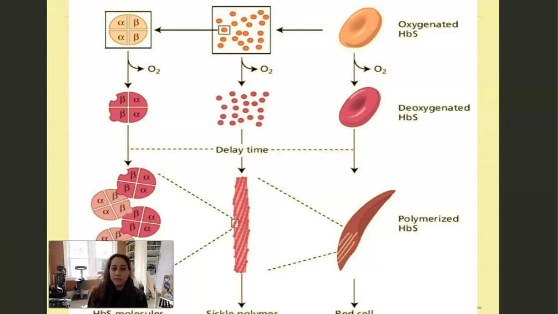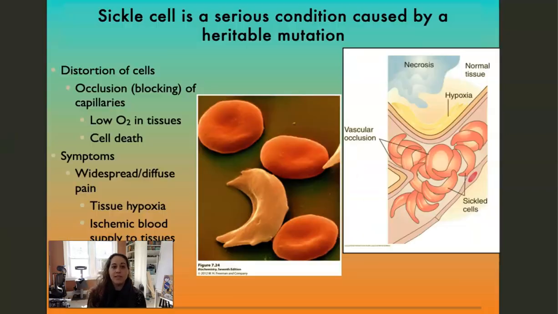Now, most of the time, this mutation occurs in individuals that are heterozygous, which means that they have a copy of the mutated gene and they have a copy of the non-mutated gene. And that's why we can see red blood cells in a single individual that are intact and functional, in addition to sickle-shaped blood cells.